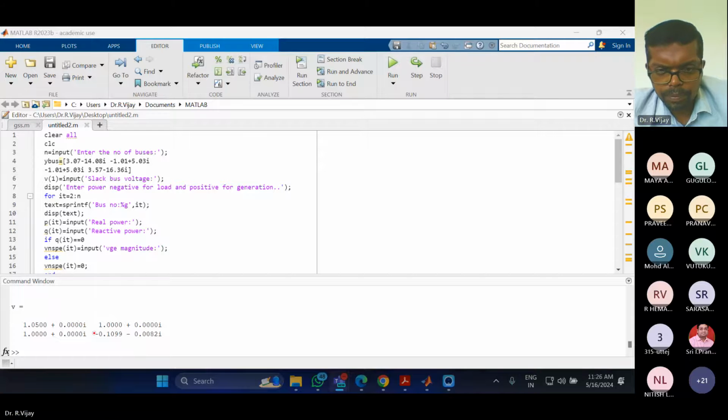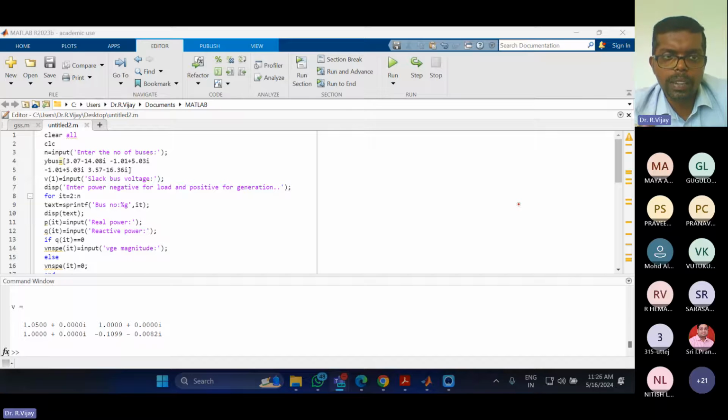Say for example 1 mega ampere is the current, and at the receiving end you will get the current as 0.995 mega amperes, something like that. The current also will be reduced. That is how you need to understand this problem.